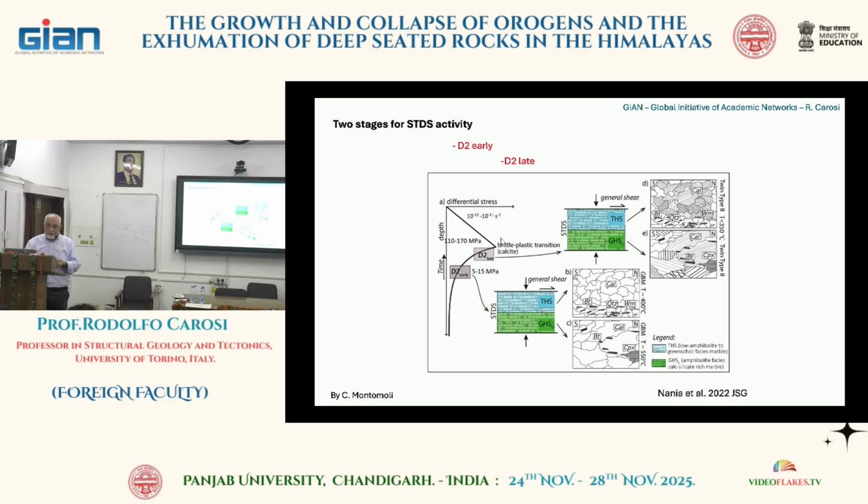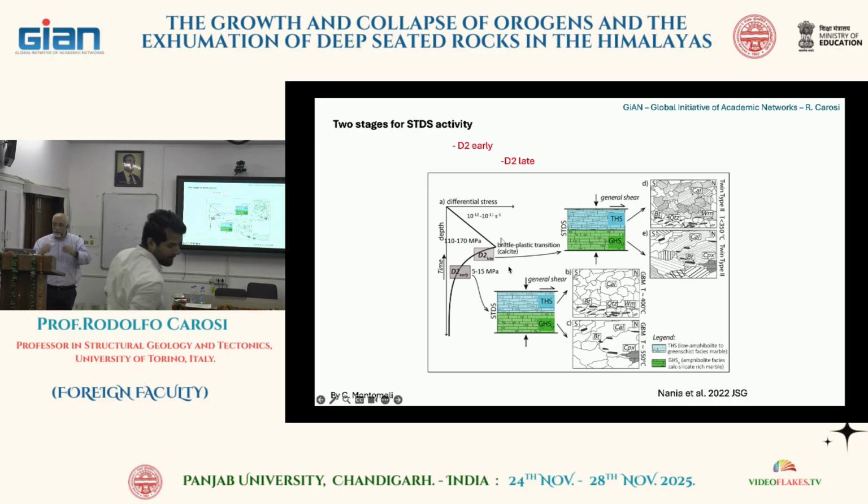So the strain increases, the stress increases from 15 to 10 times more, maybe 150 more or less. In this way, you are able to deform the calcite, but not by crystallization, only by the formation of twins. And this was made to explain why there is not the brittle fault in this portion of the belt.